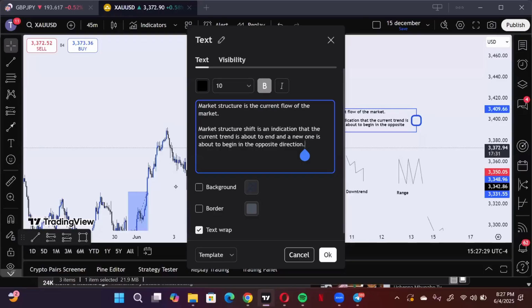So in structure shifts, you are trading opposite to the current trend, but in break of structure, you are trading in line with the current trend. So a break of structure is a scenario where price keeps breaking key levels while maintaining its current trend.